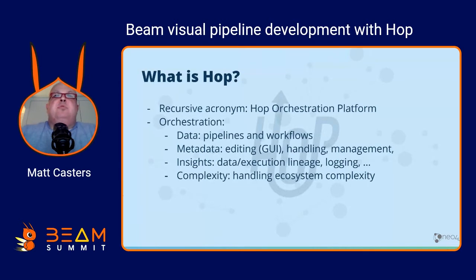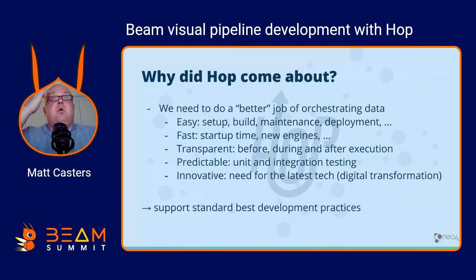Metadata is quite important to Hop. The editing, the handling, the management, configuration management, all these things, projects, that's quite important to Hop. Also providing insight, data execution, logging, and then handling ecosystem complexity. These are all things that we want to do.